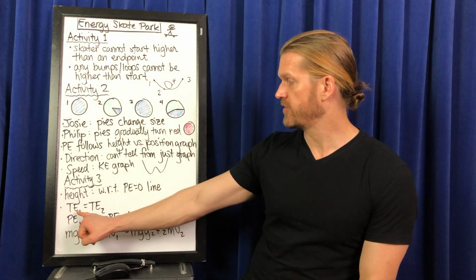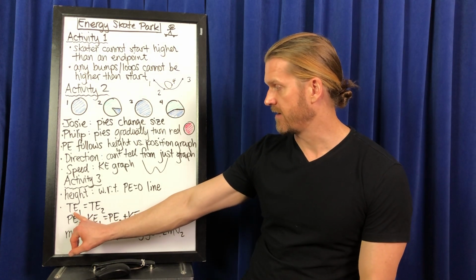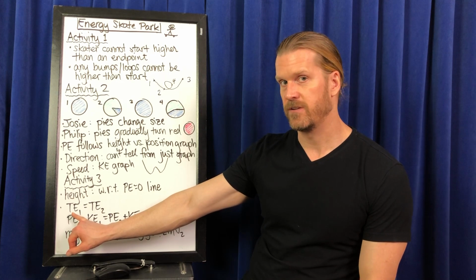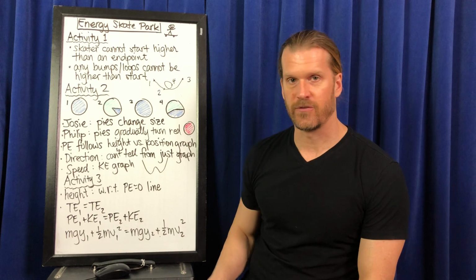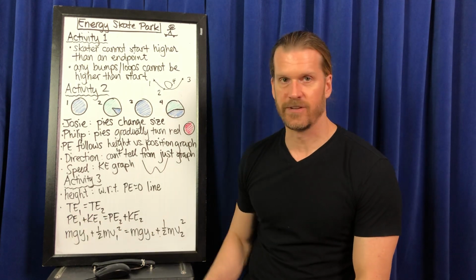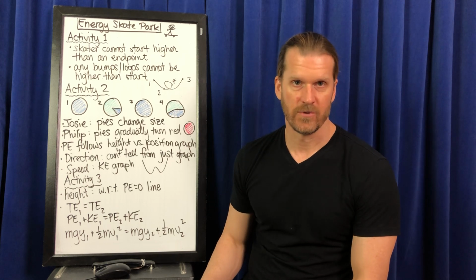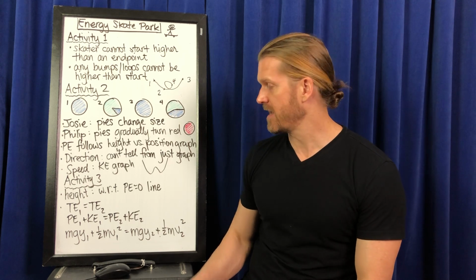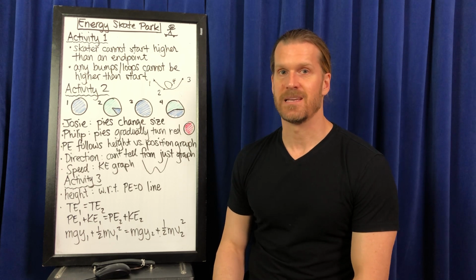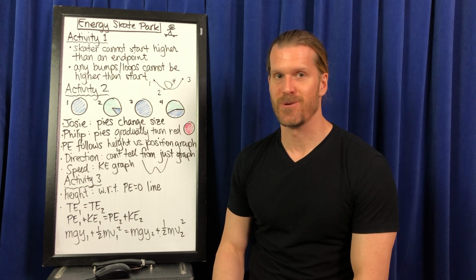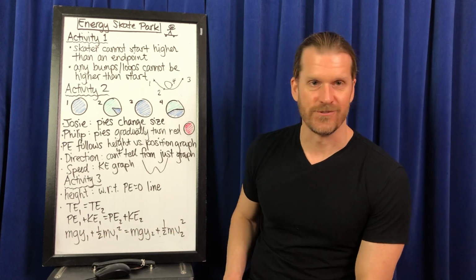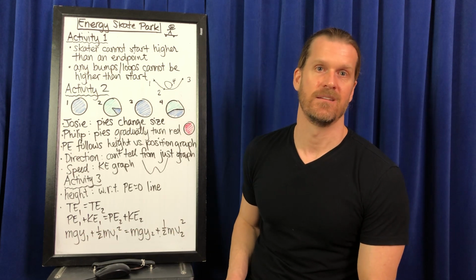Because the law of conservation of energy is saying that the total energy at any point is the same as the total energy at any other point. So whatever the total energy is at point 1, it's the same as the total energy at point 2. By the same, I mean it's the same number. When you plug your numbers into energy equations, they give you the same value.